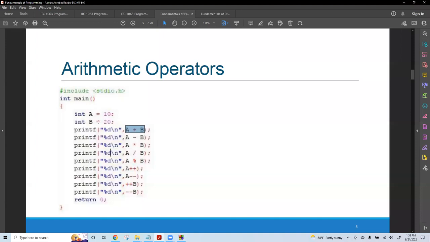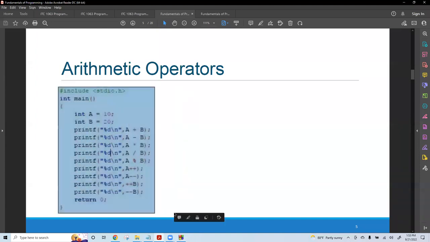We have two variables A and B, so we can add them, subtract them, and so on. I'm not going to discuss this. You can type this program and check the output, or even without typing, first guess the output and then write the program and check whether it's correct.